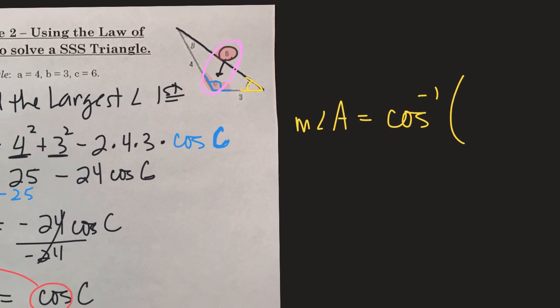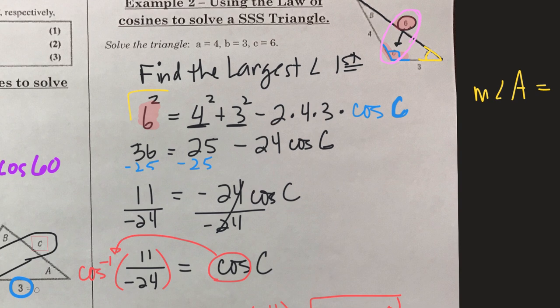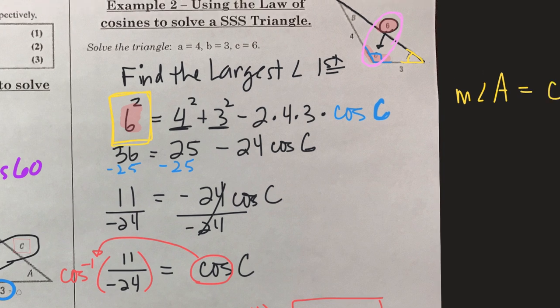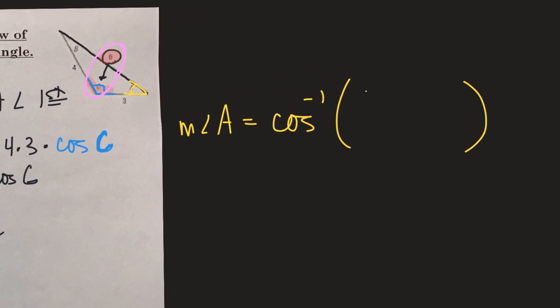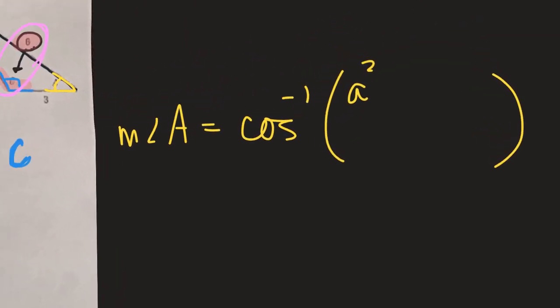So here we have the side across from angle A, which is little a, and that's a positive. And then we subtracted our other two sides. So in other words, we need to subtract b squared and c squared from the a squared.